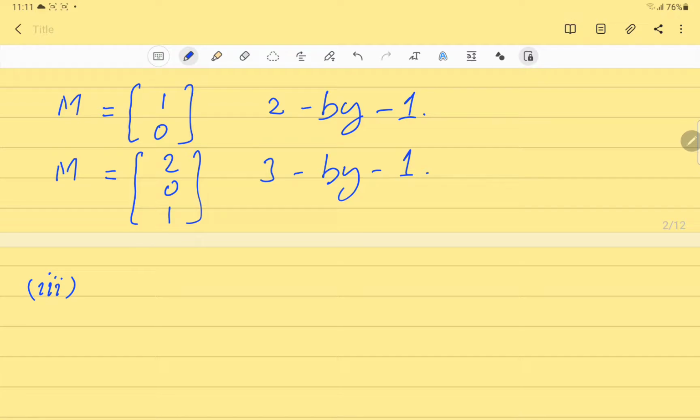Okay, the third type, rectangular matrix. A matrix is known as a rectangular matrix if its number of rows and number of columns are not equal.